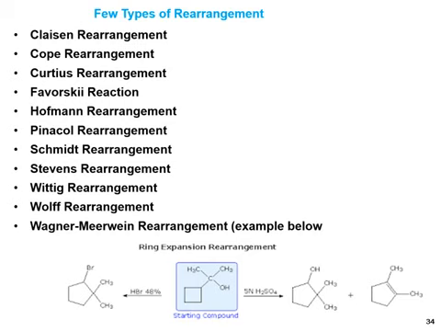In the middle you can see the starting material. First the hydroxyl group is protonated, then a tertiary carbocation forms, then ring expansion takes place and the ring expands from a 4-membered to a 5-membered ring. Then a secondary carbocation is produced, and this secondary carbocation ends with the attachment of bromide.